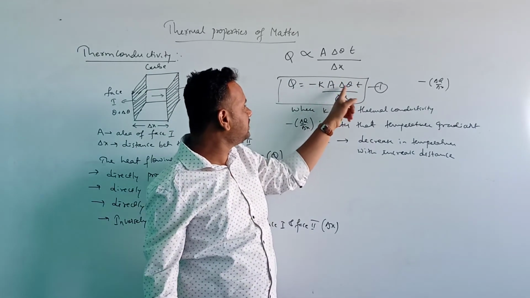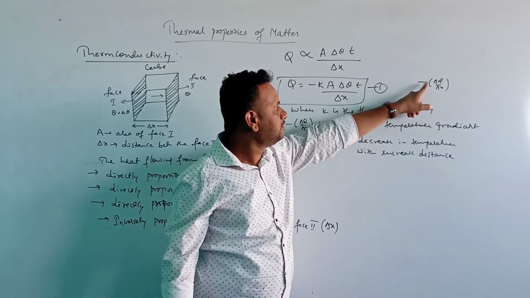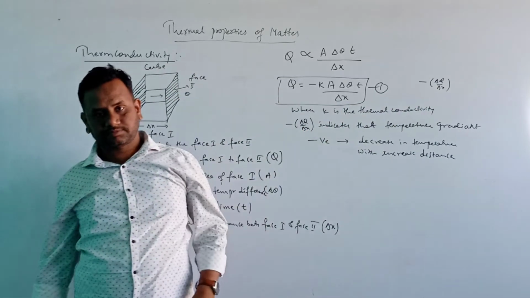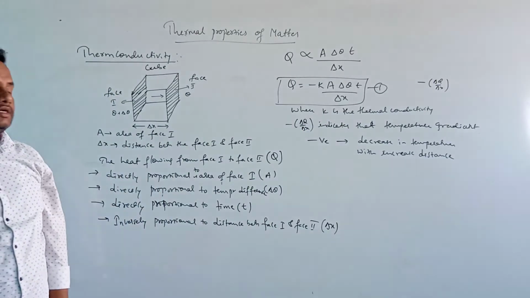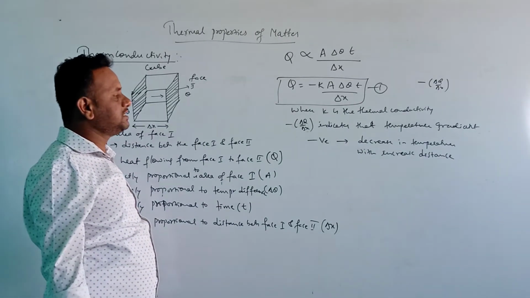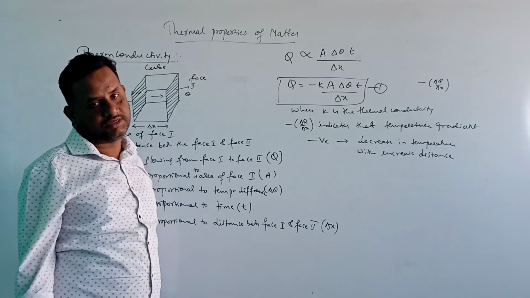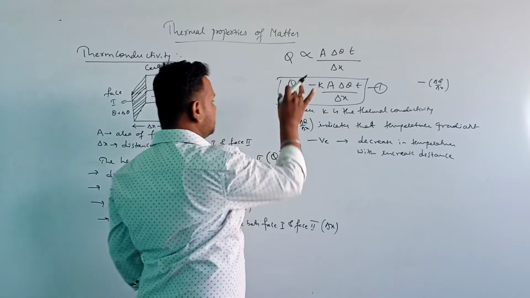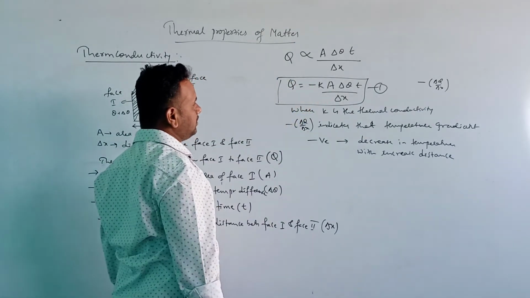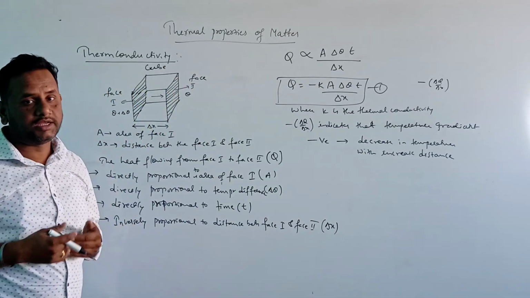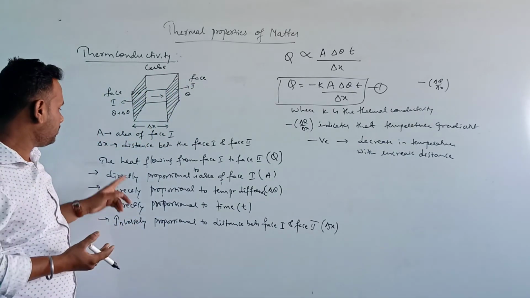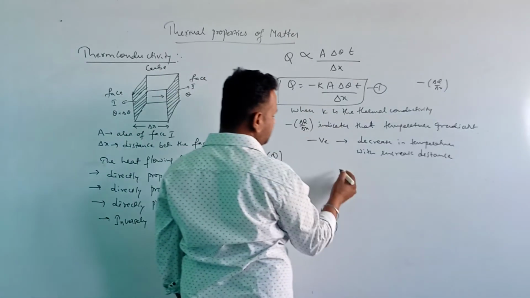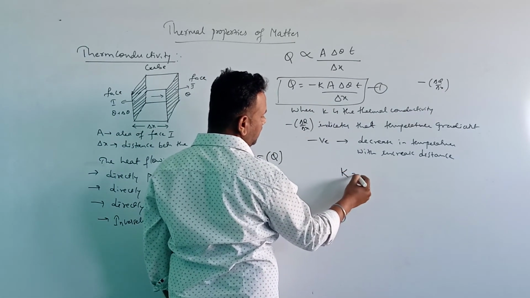Here minus delta theta by delta x represents the temperature gradient. So the temperature is decreasing with the increase of distance. The heat flow depends on all these four factors.